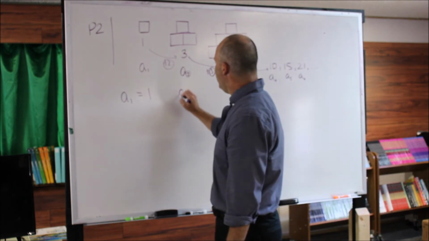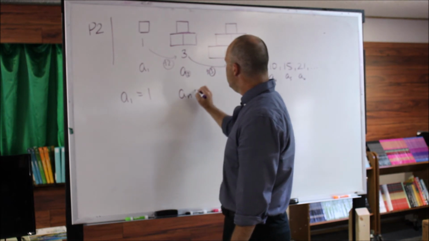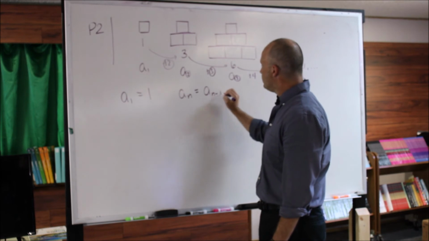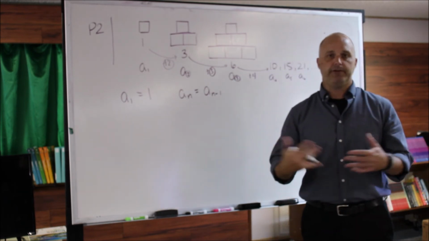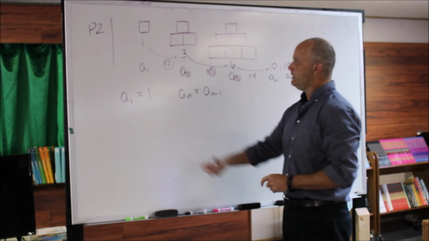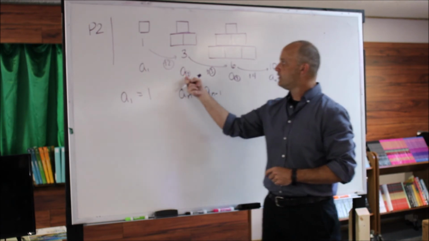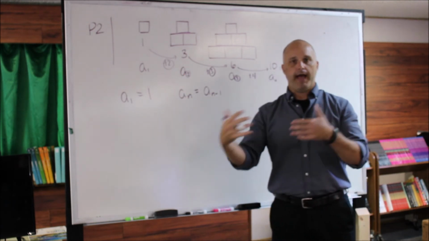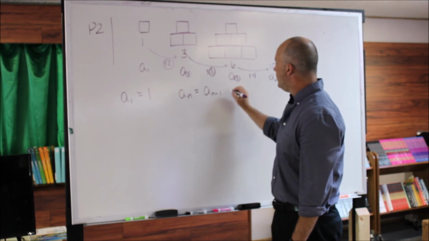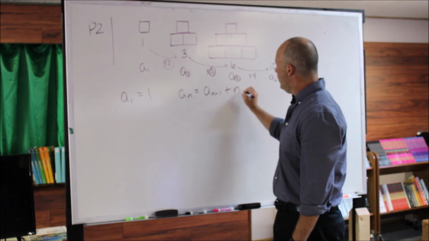So we're going to say a sub n is equal to a sub n minus 1. Now what we've got to do is figure out what is happening to this right here. Every time that we move from one term to the next, what are we doing? Well, we're adding n. So in this case, what we've got is a sub n minus 1 plus n.